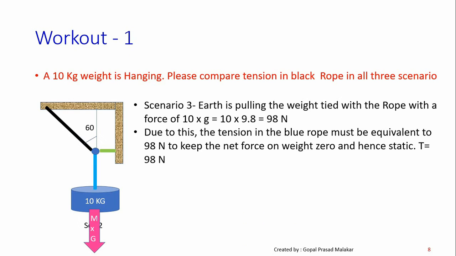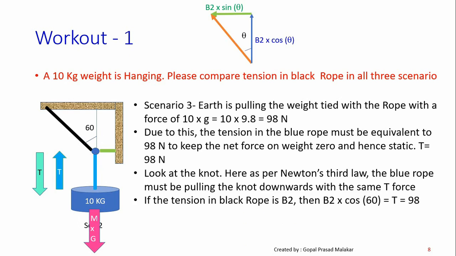Now in this scenario, because B2 is actually 196, B2 into sine 60 degree, where sine 60 degree is root 3 by 2, that will give you the tension on this particular cable, because that's how it is pulling in this direction. This black rope will be pulling not in this direction, so the reverse has to come from this side, and that's why this is static.